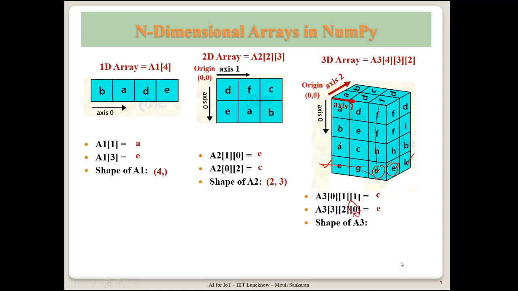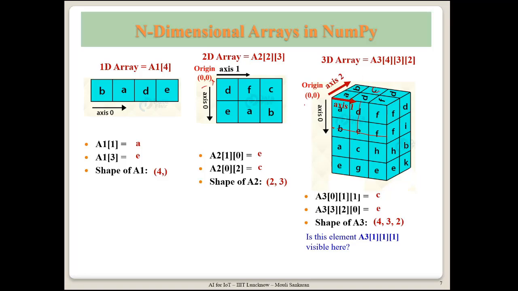Now the shape of this is again given as the number of elements on axis 0, axis 1 and axis 2. So it is 4 comma 3 comma 2. Fine. Now you can imagine a 3D array very easily. Now is this element A3 of 1 comma 1 comma 1 visible or not? Axis 0 is 1, here, and axis 1 is here, and then axis 2 is also 1.